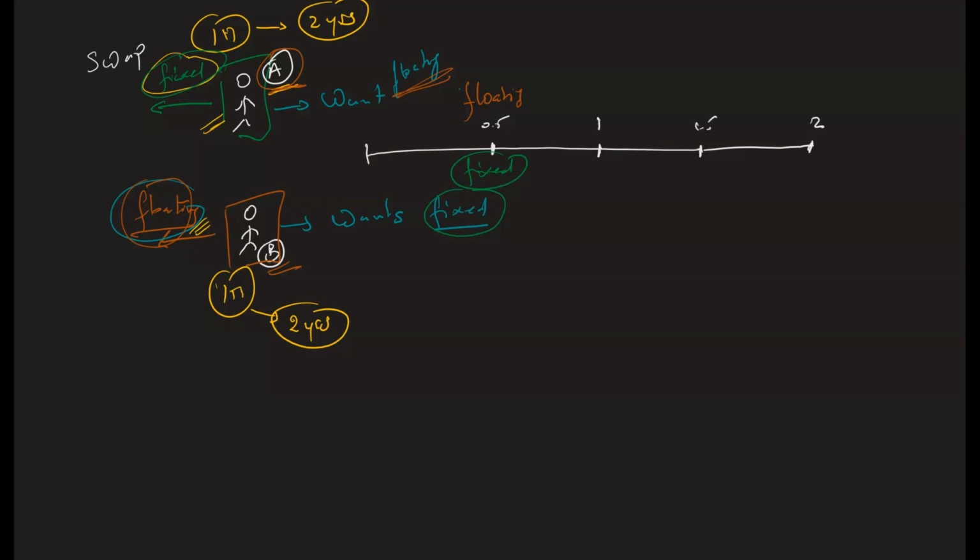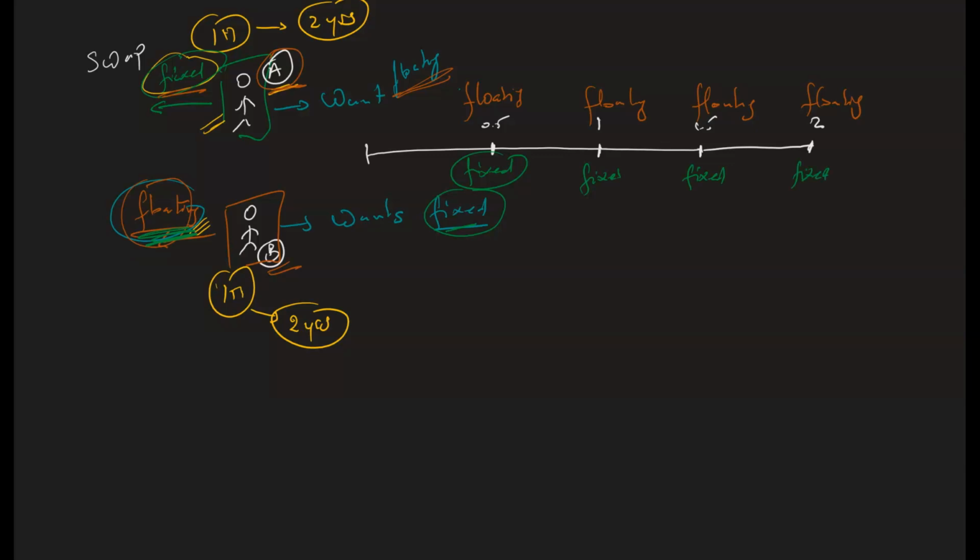So the cash flows of A are going to go from the fixed to the floating at every point in time, and we're going to have another floating here. And the cash flows of B are going to go from floating to fixed, and we're going to have a fixed cash flow here.